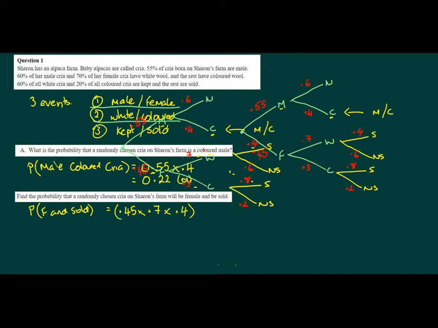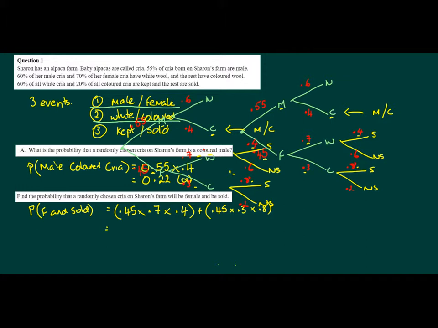So we've worked our way along the female branch, the white branch, and then the sold branch. Now we're going to have to do the female branch, the coloured branch, and the sold branch over here. So we plus it, and then I open up a bracket again, and I go 0.45 times 0.3 this time for coloured, times 0.8 for the percentage that are sold. And so I work that out.